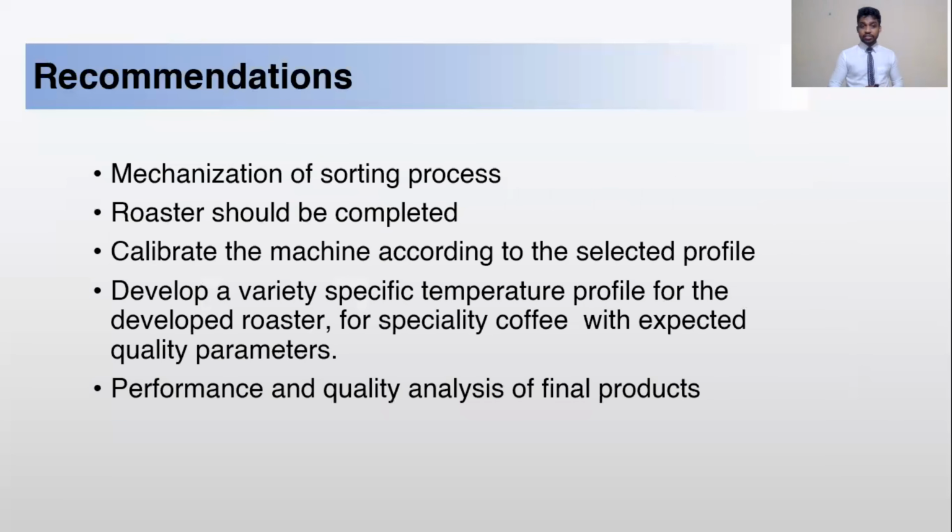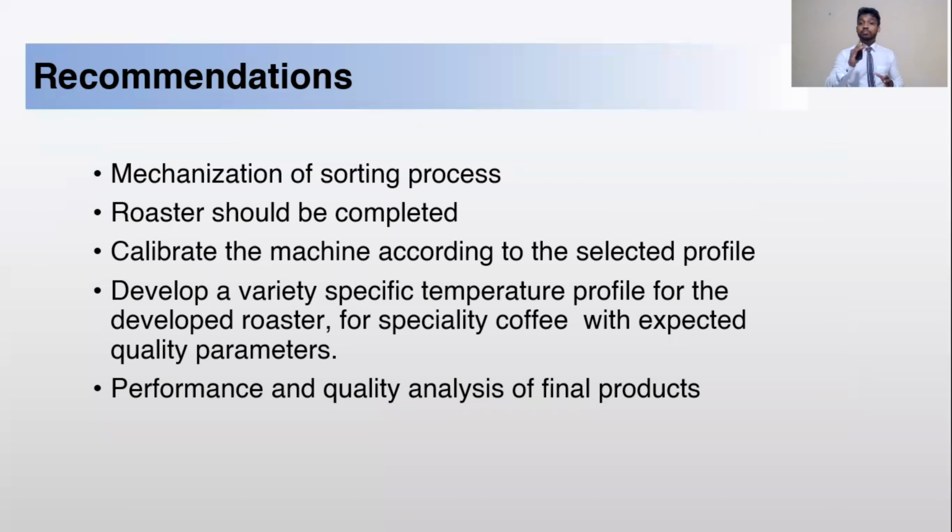The recommendations are mechanization of the sorting process, the roaster should be completed, and the software should be calibrated according to the roaster. Especially, we have to develop variety specific roasting profiles for the machine, especially for Sri Lankan varieties. And performance and quality analysis of the final product should be done.